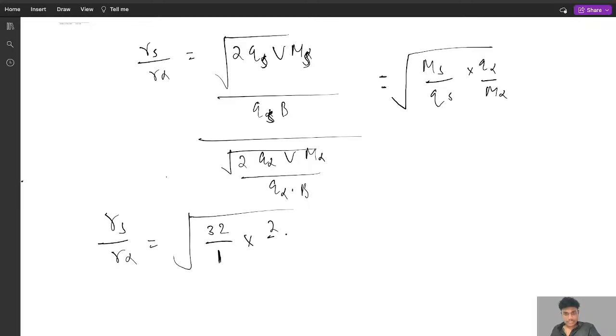That is 2, upon the mass of alpha. If I cancel out this and this, that is 16, and we get 4, right? Do you understand this question? Any doubt? Do you get the answer?